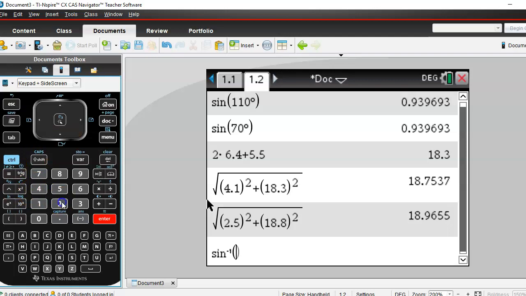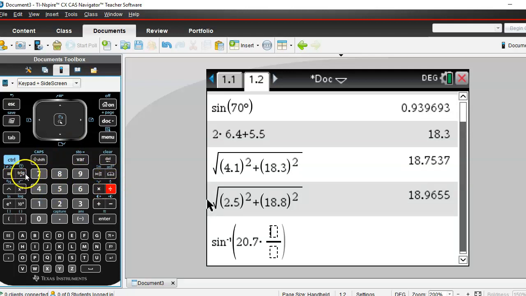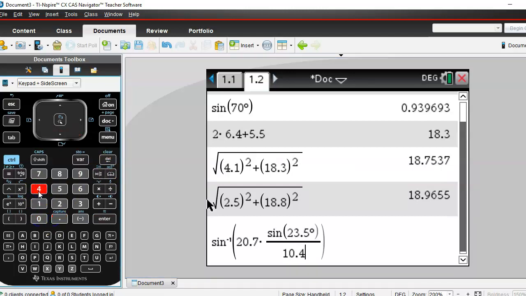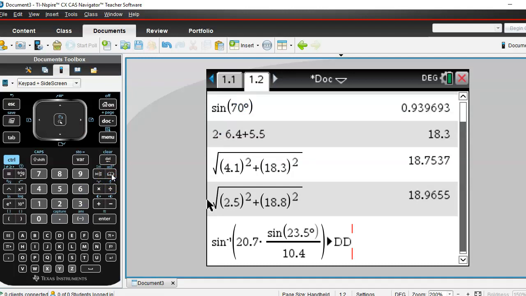Inverse sine of 20.7 times sine 23.5 degrees divided by 10.4, and I want to answer in decimal degrees.